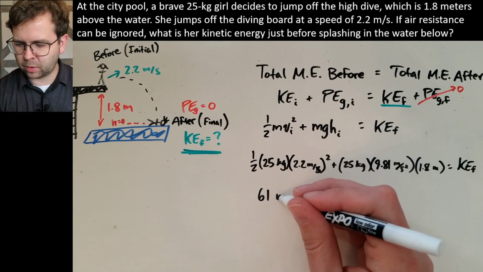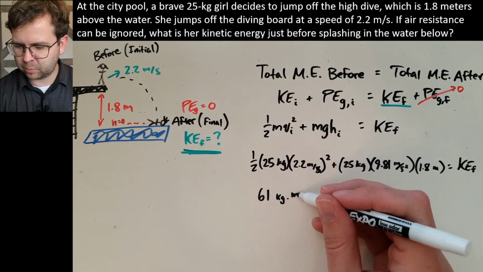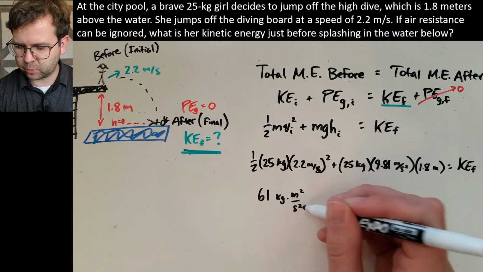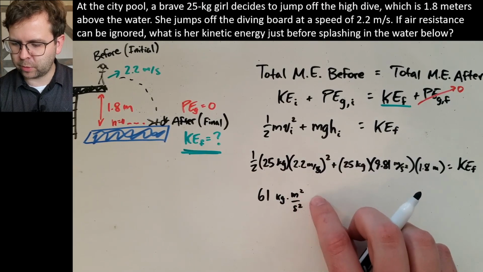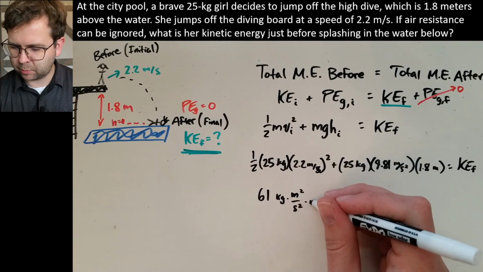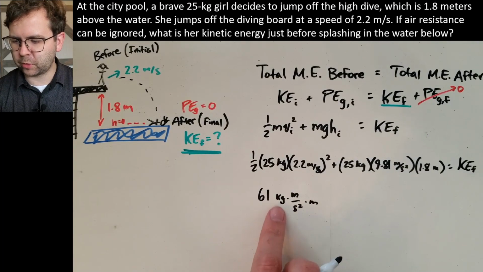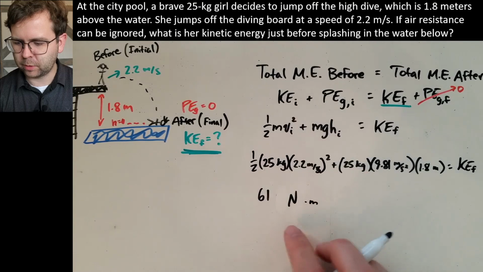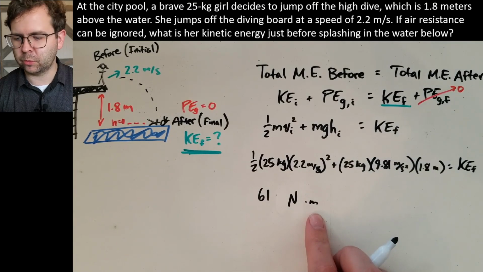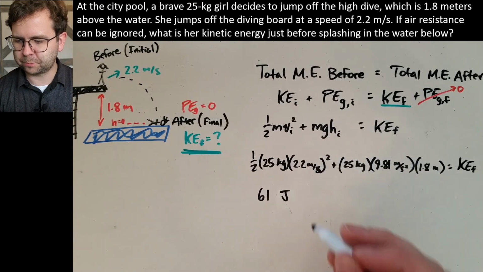The units here are kilograms times meters squared over seconds squared. If you want, you can pull out one of the meters and multiply it over here. We do that because kilograms times meters per second squared is mass times acceleration. That's a force, so that's a Newton. And we have Newton meters. A Newton times a meter we've defined as a joule. So this is 61 joules.